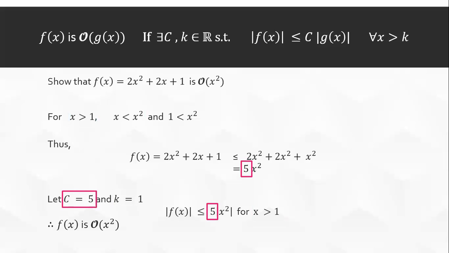I have shown that 2x squared plus 2x plus 1 is less than or equal to 5x squared as long as x is greater than 1. So it is the case that f of x is big O x squared.